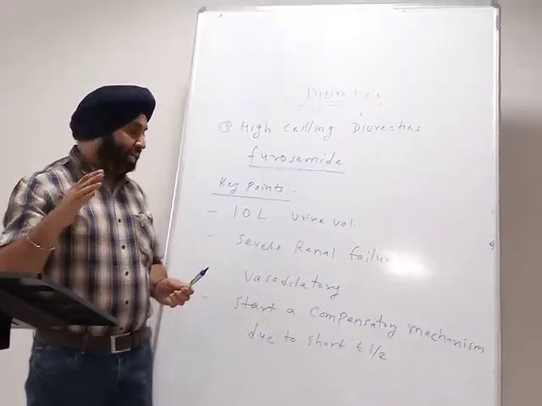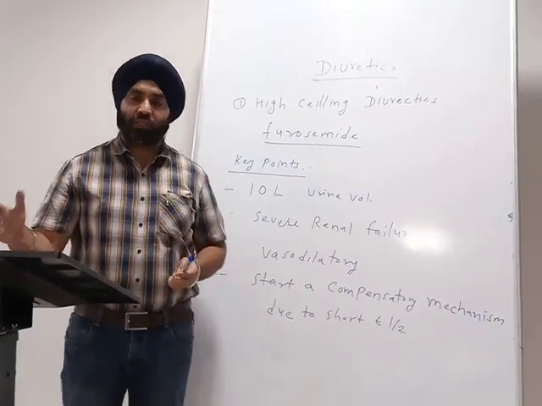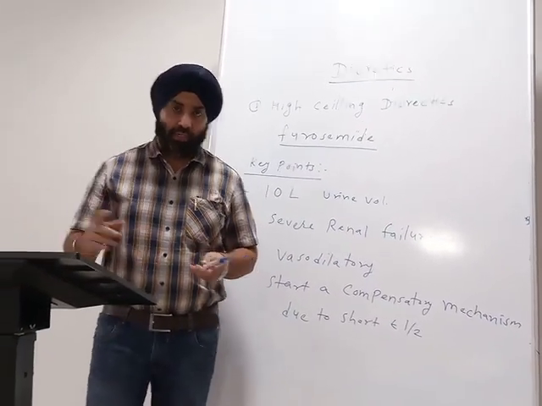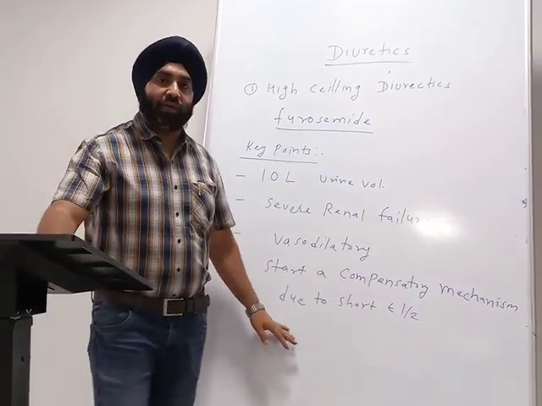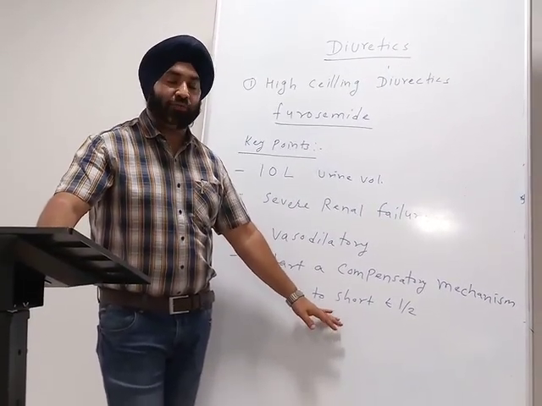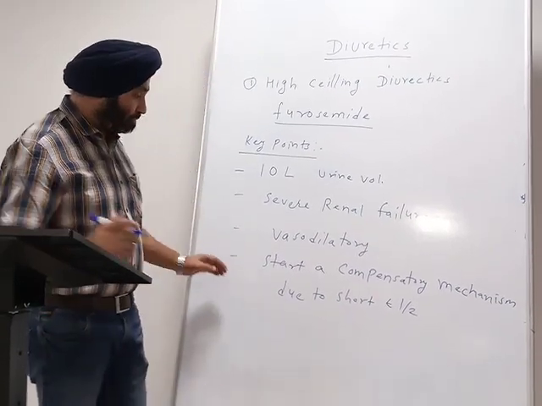So they do not decrease the volume or blood pressure for a long time. That's why they are not a good antihypertensive in long-term duration. We will discuss this later on.